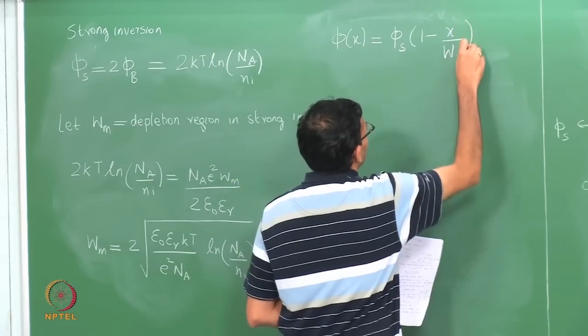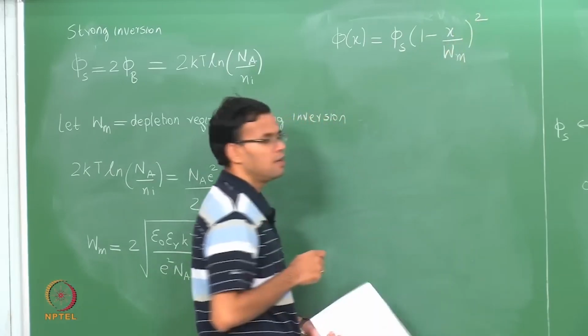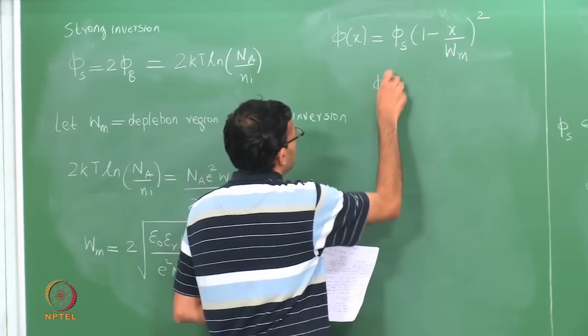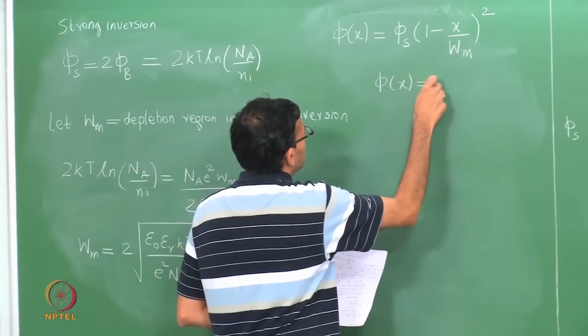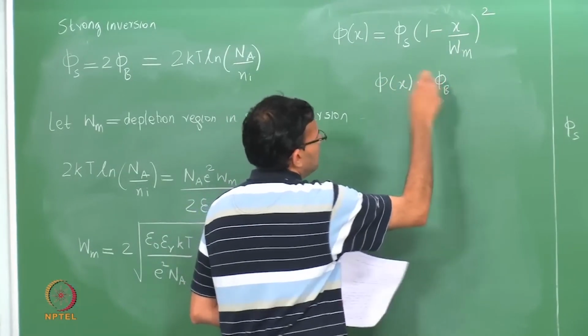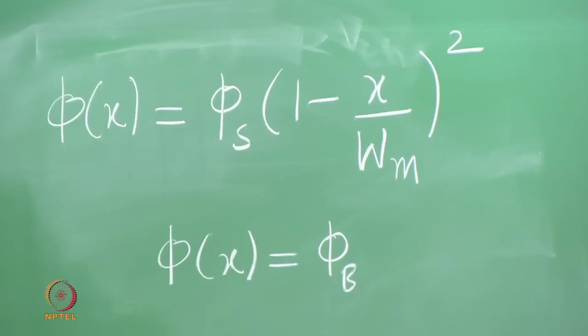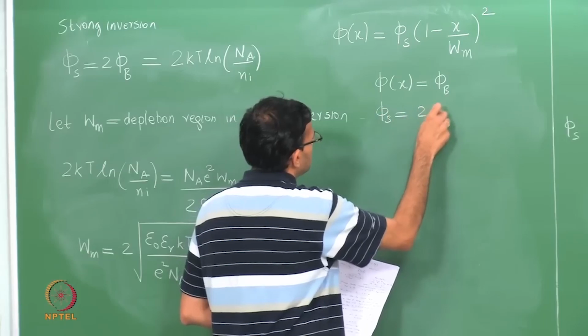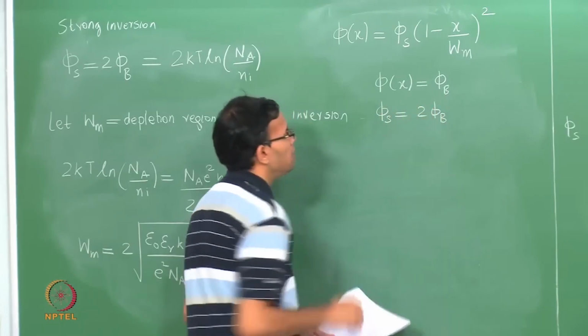So, I will put Wm whole square. We will define the inversion region as where psi of x is equal to psi b. Remember, the surface potential is 2 times psi b.